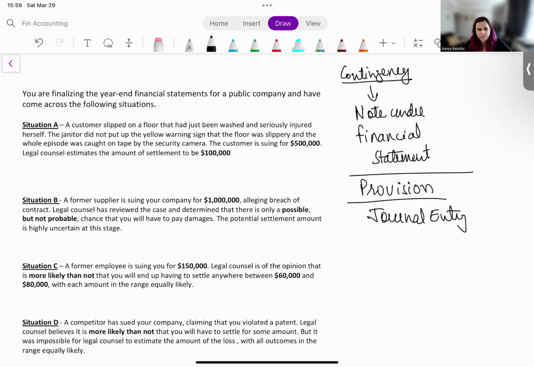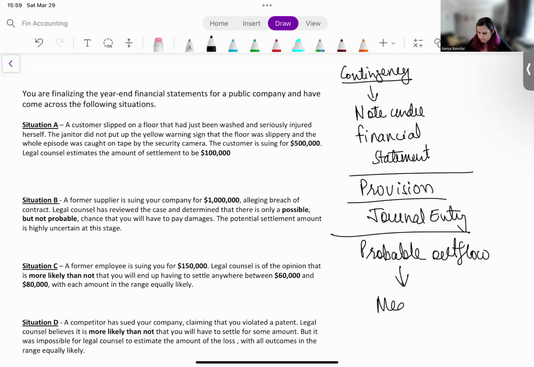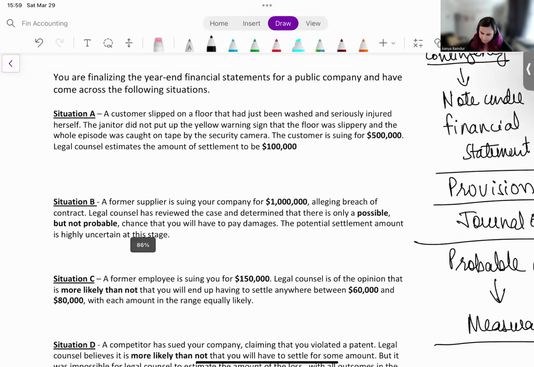After you ask these 3 questions, it basically comes down to just 2 questions: is there a probable outflow, and is it measurable?